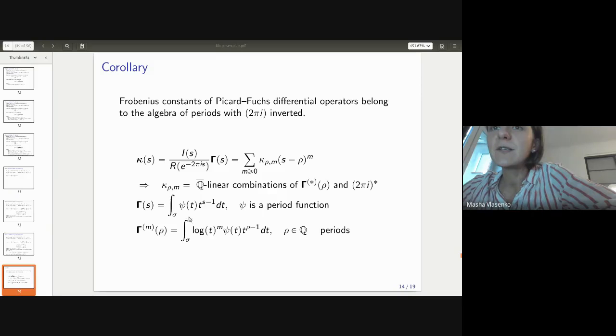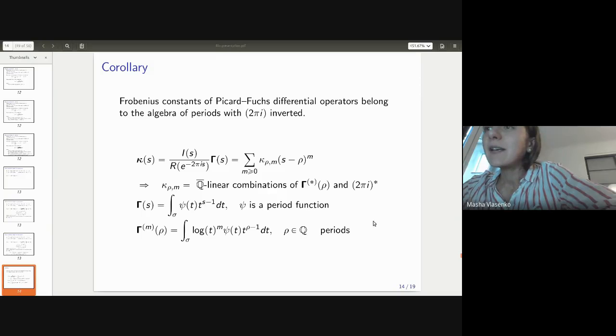And here is the reason. So if we have a formula like that, and we differentiate it m times, then we are getting log t to the m here. And this appears to be a period integral whenever psi is a period function, which happens to be so. And local exponents are rational numbers. So this is algebraic here. This is the idea why they are periods.